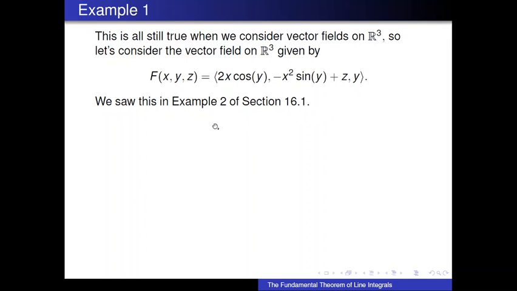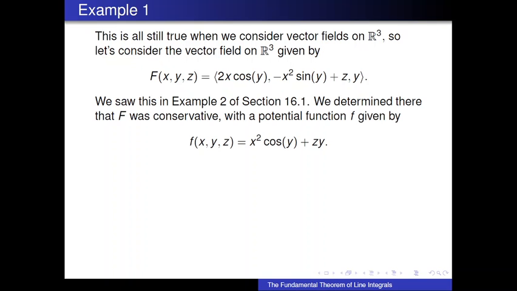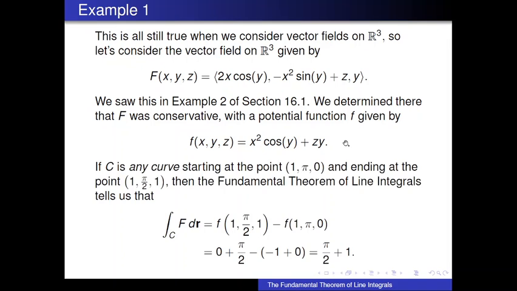Now we saw this one in example 2 of section 16.1. I think we determined there that this was a conservative vector field, and the potential function for it, little f, was given by little f of x, y, z equals x squared times cosine of y plus z times y.